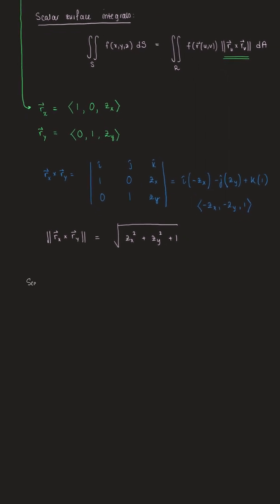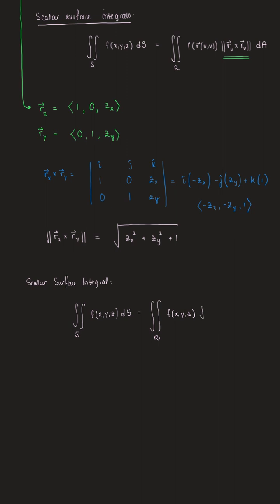The scalar surface integral is going to look as follows. We're integrating over the surface some kind of mass density function, or maybe temperature, and we have an area element for the surface. And this is going to be, we integrate over our parameter region with respect to our parameters, our function f of x, y, z, or you could call it f of x, y, either way.